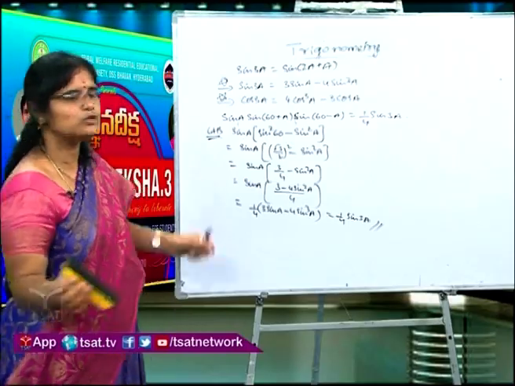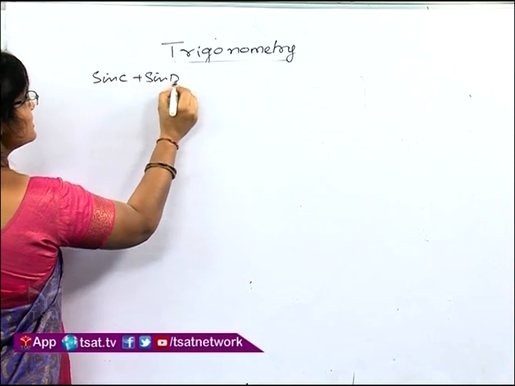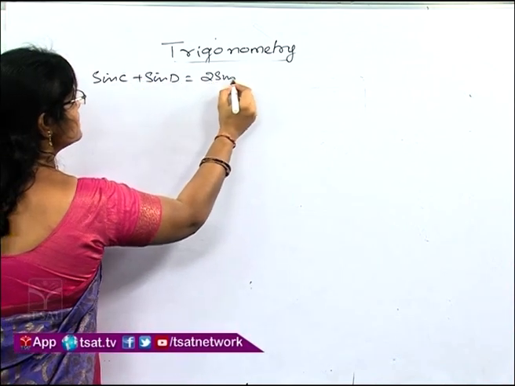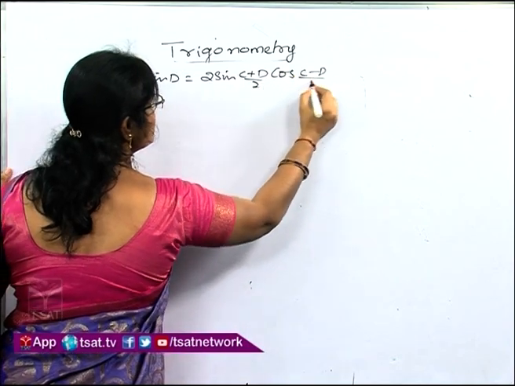Now, let us move to transformations, which is very important for you. Here we have two types of formulae, children: transformation of sum into product and product into sum. Sum into product: sin C plus sin D is 2 sin((C+D)/2) cos((C-D)/2).